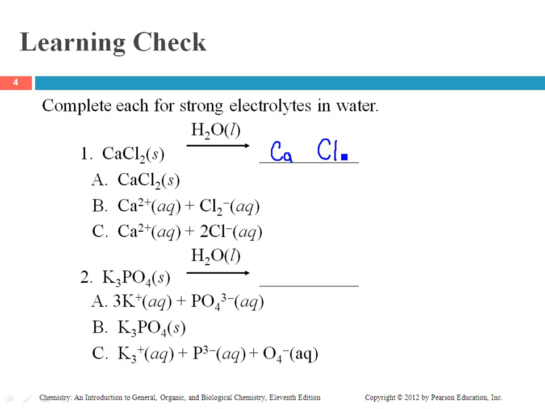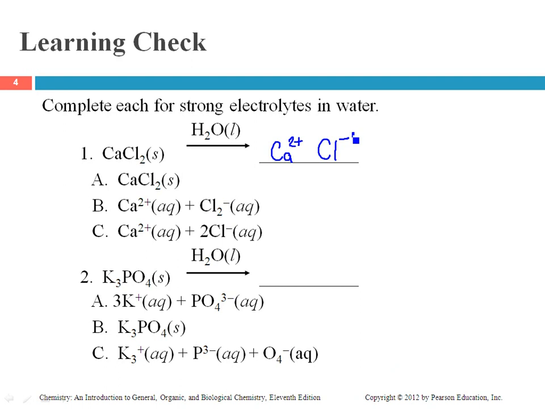Now we have to look at charges, and we have to be sure our reaction's balanced. Calcium is in group 2, so it's going to form a 2+ charge, and we know that chlorine as an ion has a -1 charge.